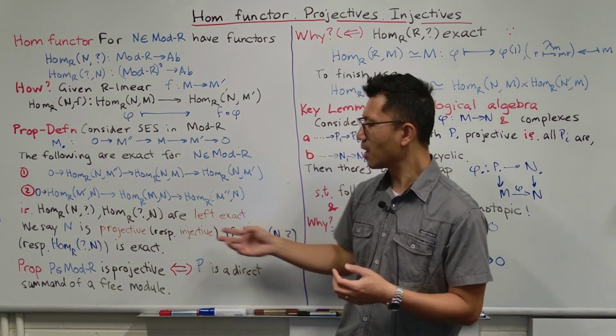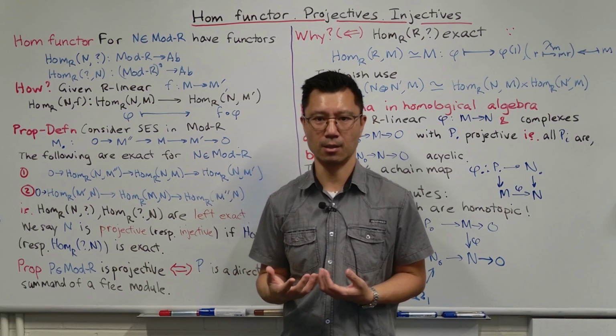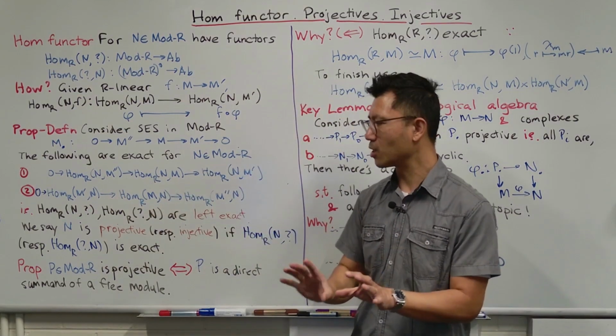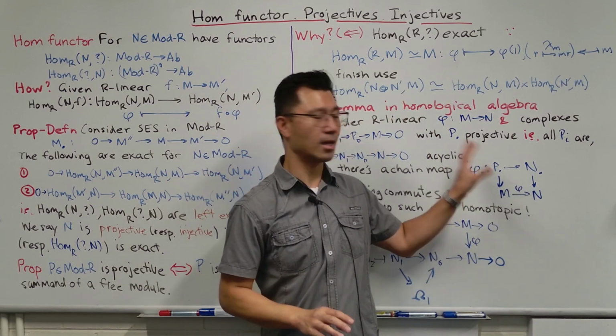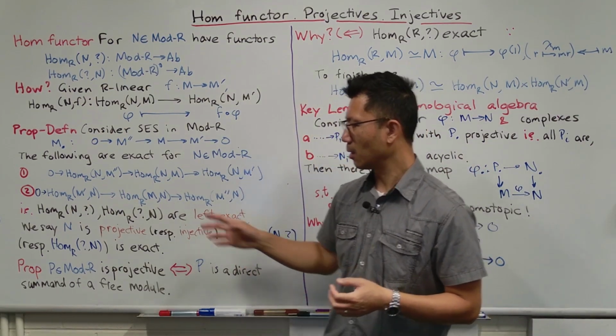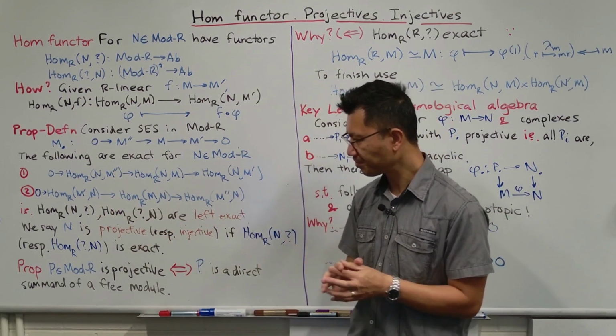So in some sense, they're modules which behave well with respect to the hom functor. They're going to preserve short exact sequences, and so they're going to be useful. And hopefully, I'll show you a little bit later one of the many ways that you can use exactness of these hom functors to help you.